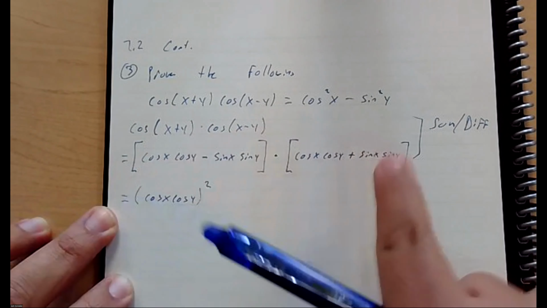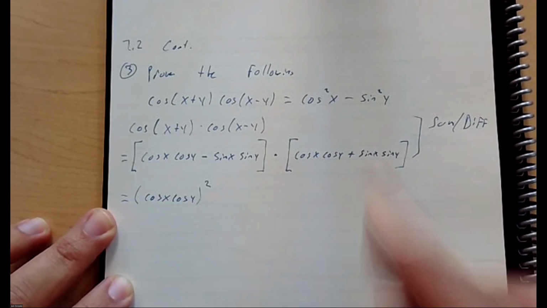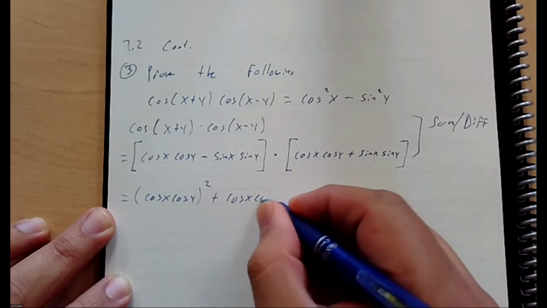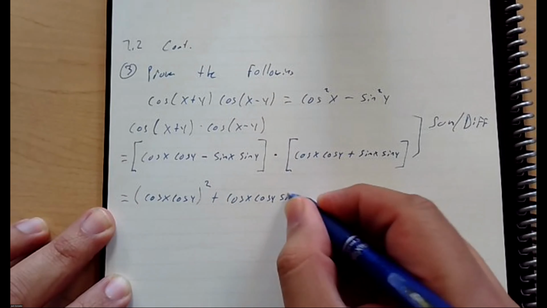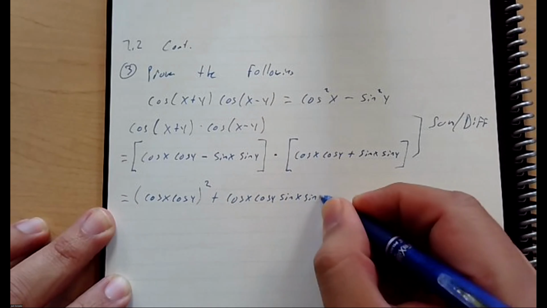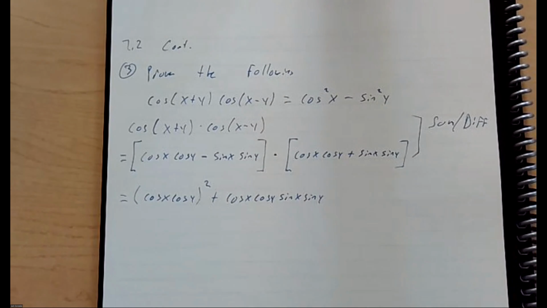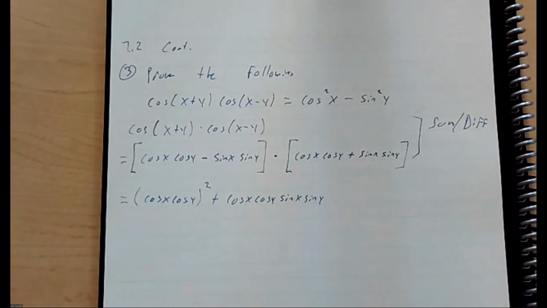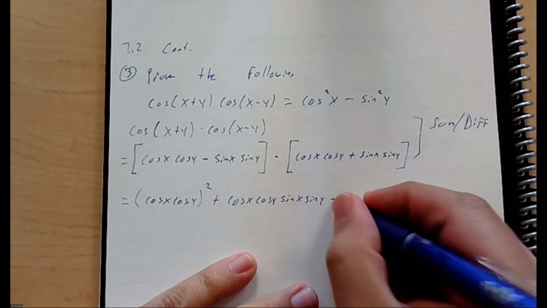Cosine x cosine y times sine x sine y, so it'll be plus. Right, so just multiply them together. They don't combine any further because they're completely different. Now do the next terms. Negative sine x sine y times both of these. Notice how this is the same, right?